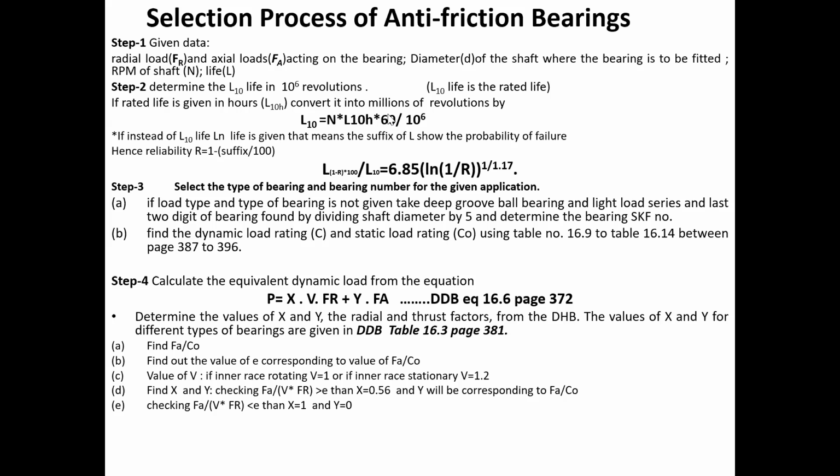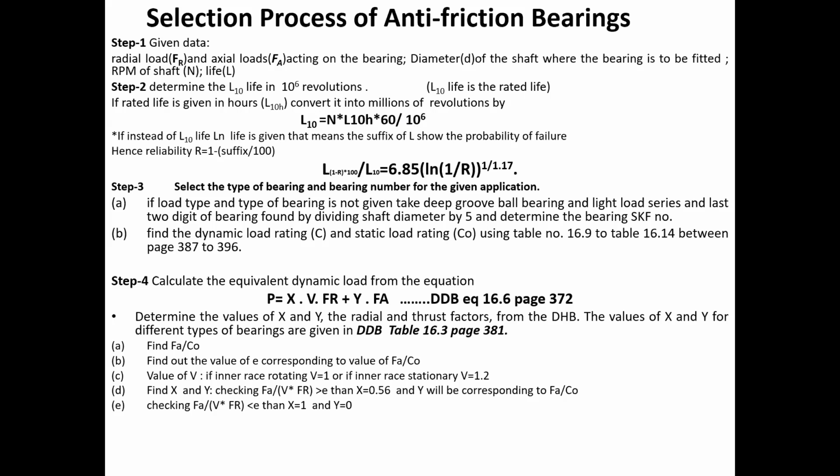Why are we multiplying it with 60? Because we are converting the hours into minutes and we have the RPM. So if we multiply the minutes for which the bearing has to survive with the RPM, we will have the number of revolutions. And we divide it by 10 to the power 6 to convert the life into millions of revolutions. In general, we consider the bearing life in terms of millions of revolutions.